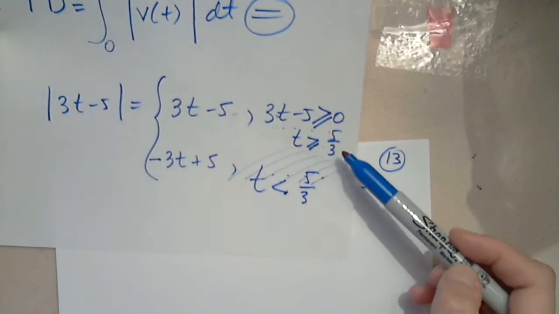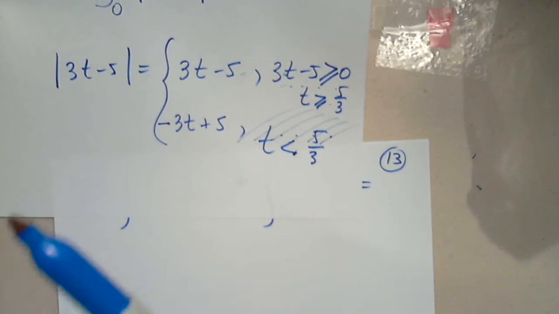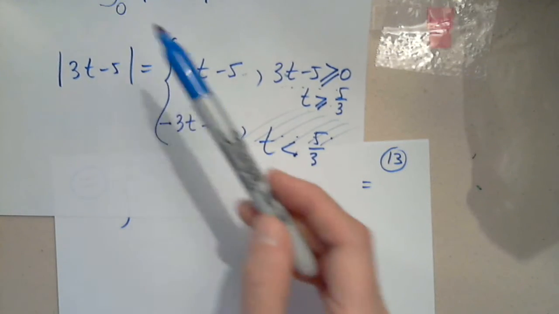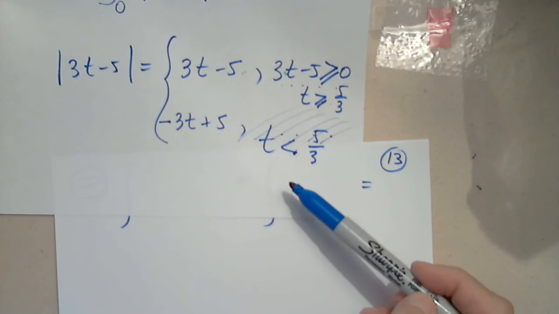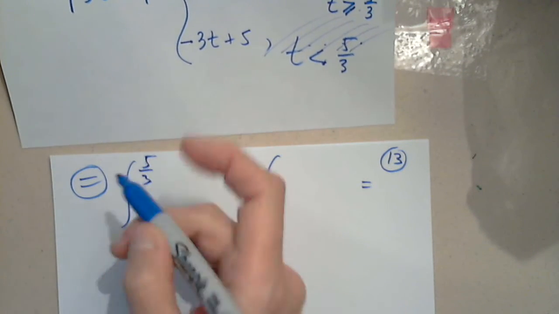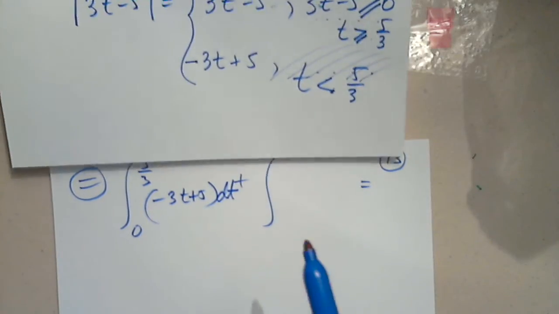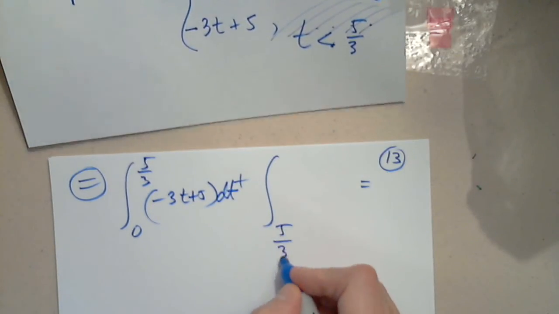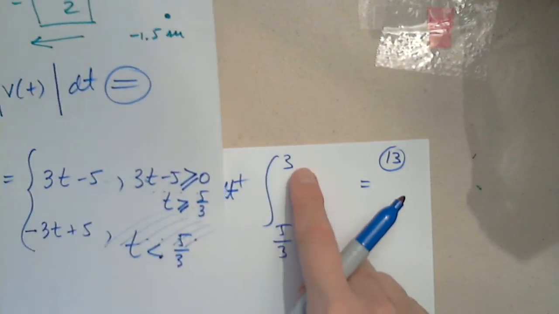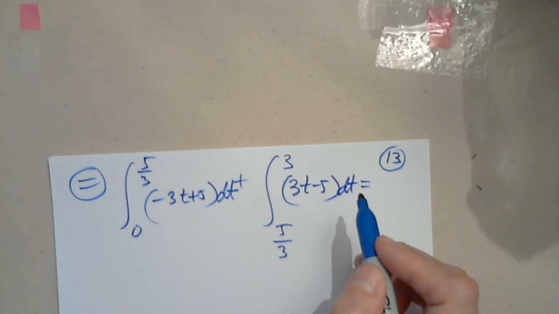So between 0 and 5/3 from this one, and 5/3 and 3 from that. 0 to 5/3 from this one. Don't forget dt. And from 5/3 to 3 for greater than or equal to 5/3 from this one, 3t minus 5 dt.